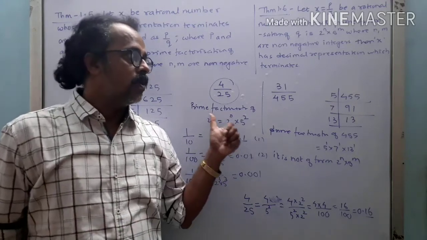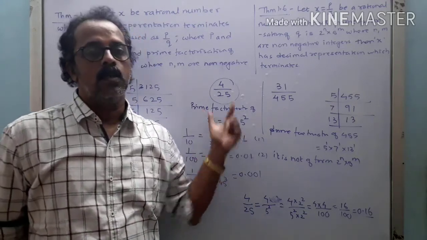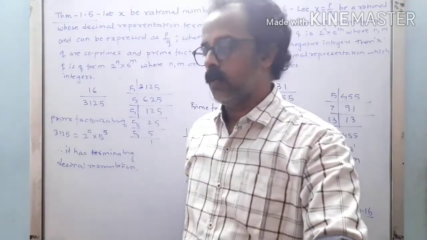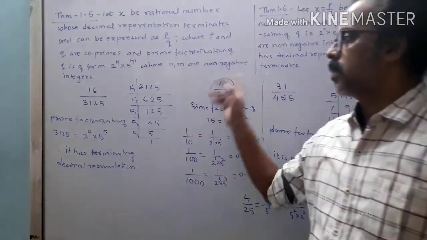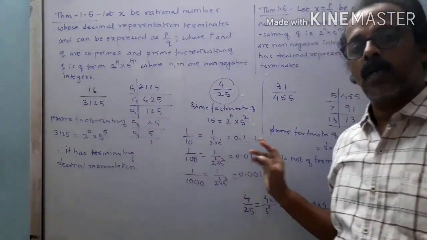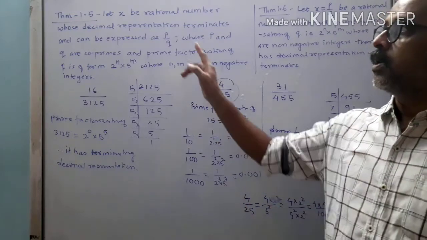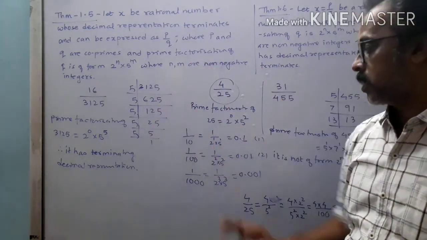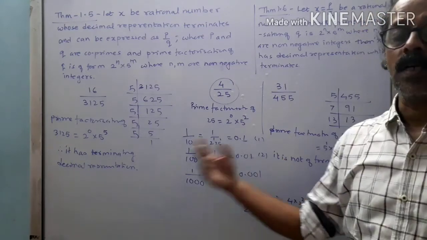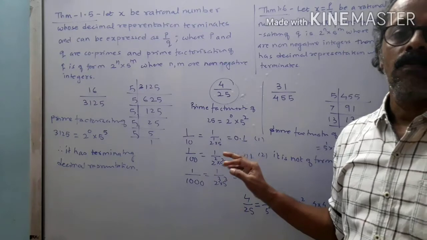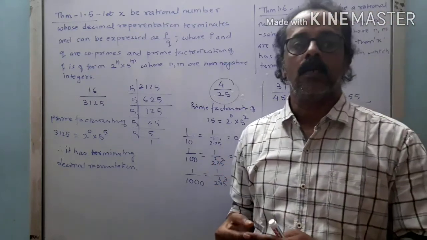So you try to again have a look at the board, or you can take a screenshot if you can, so you can get the idea how we started with prime factorization of the denominator everywhere. This is the key to success for those two theorems whenever we are going to use them. And if they ask how many decimal places there are, you will get that answer also by that factorization and those numbers, right?